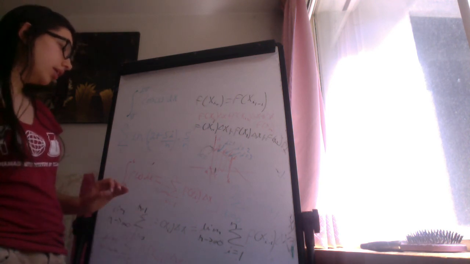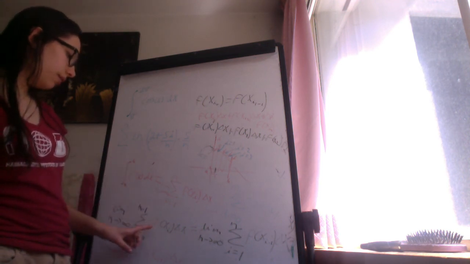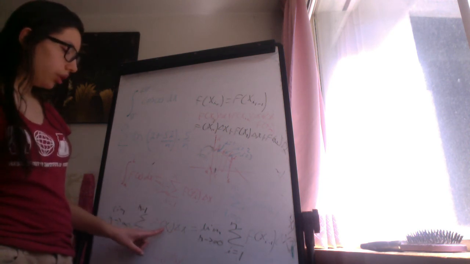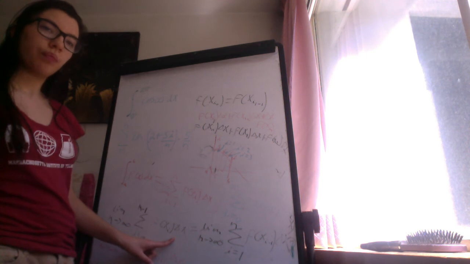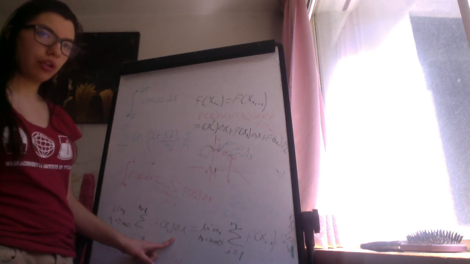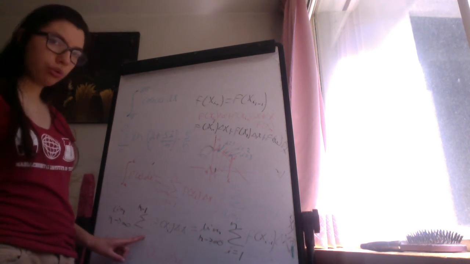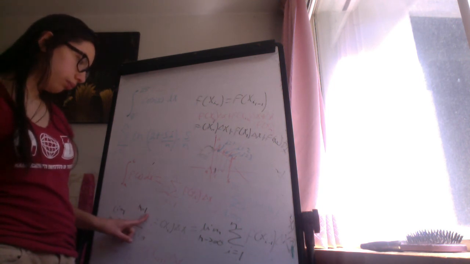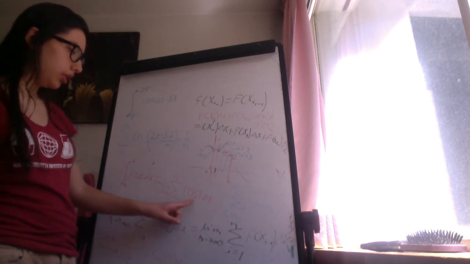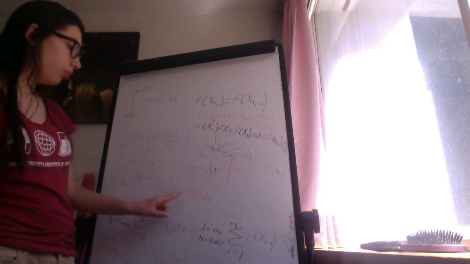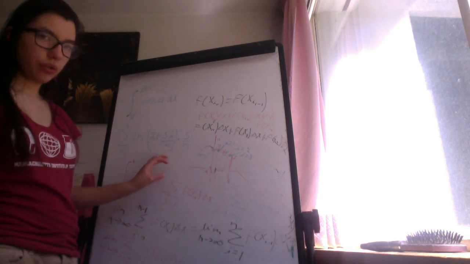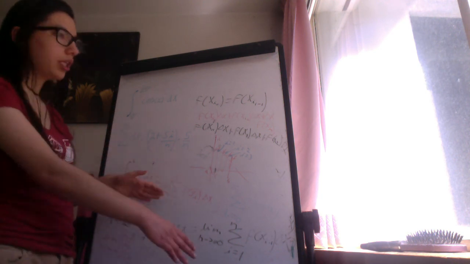So traditionally we write them when we have the summation of f of x sub i. But in order to have f of x sub i for the left Riemann sum, we need to begin from i equals 0, and so we will go from i equals 0 to n minus 1. And for the right Riemann sum, we will go from i equals 1 to n. So this is the traditional way, but we can write them either way.